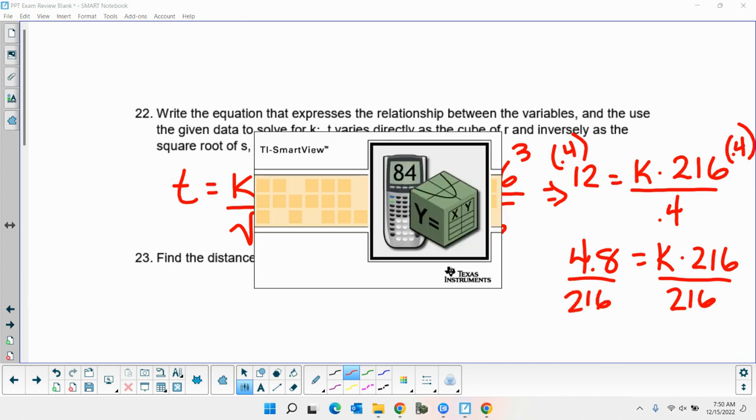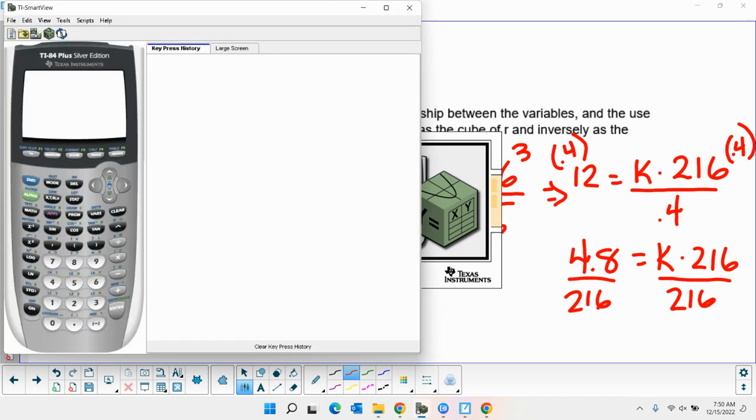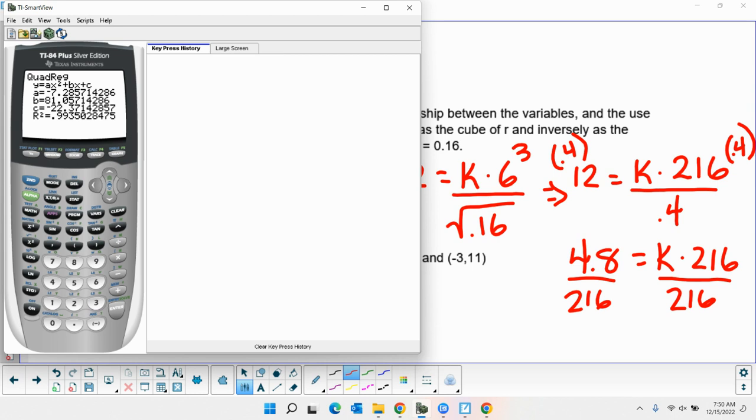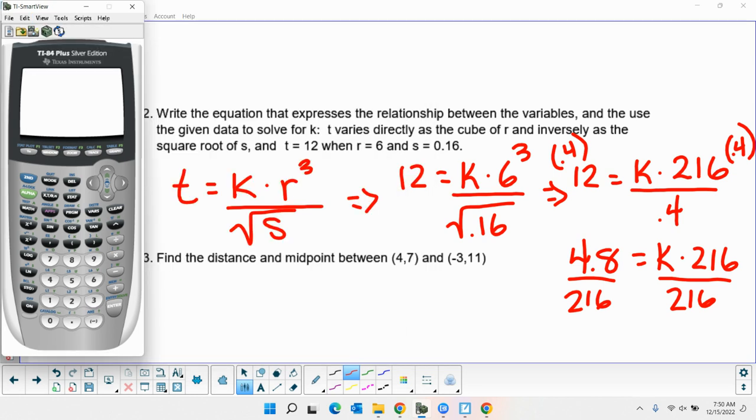I think it was 0.02 or something. 0.02 repeating. All right, so again, what is it? 4.8 divided by 216.